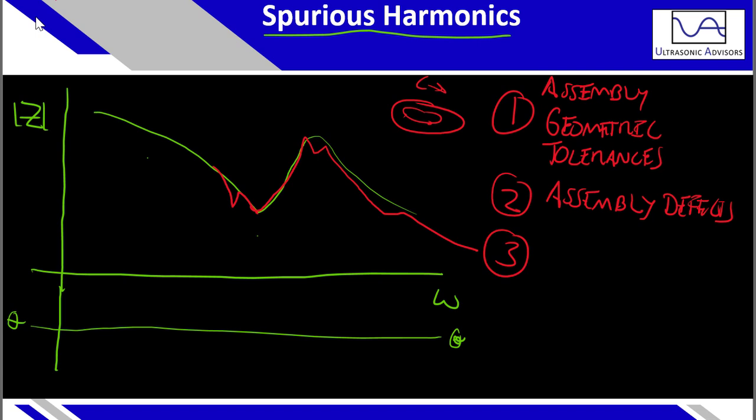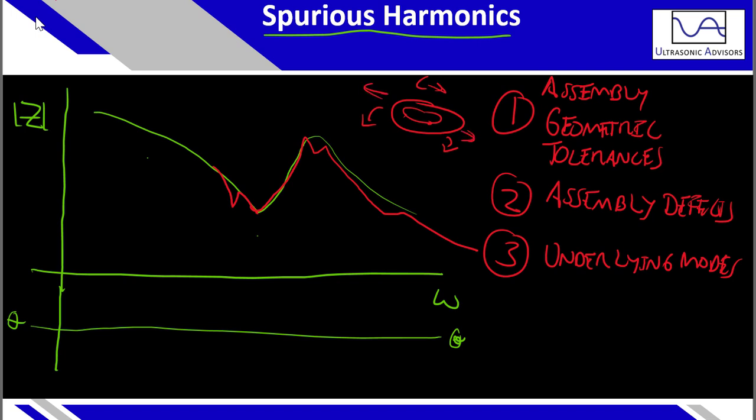The third is underlying, other underlying modes. For example, you have a device where you have bending motion, but you also have other harmonics which are pure axial motion at similar frequencies.